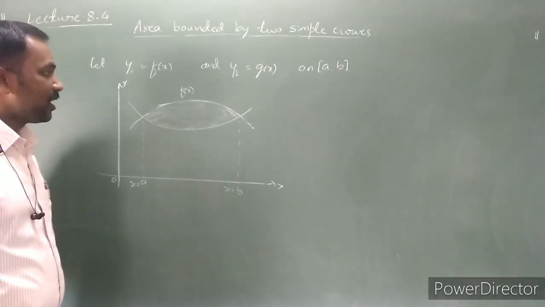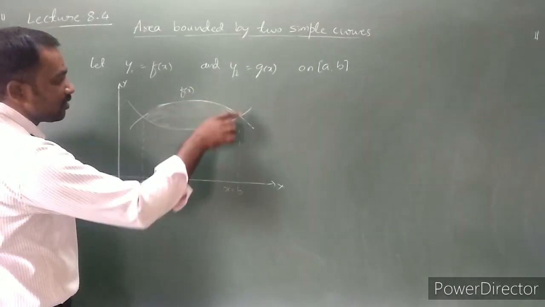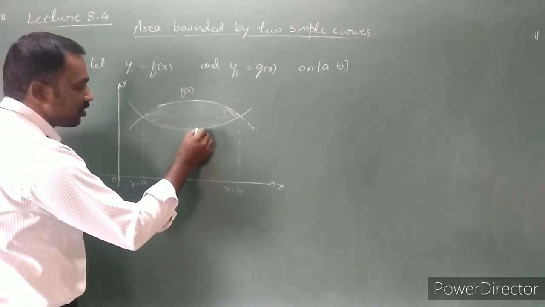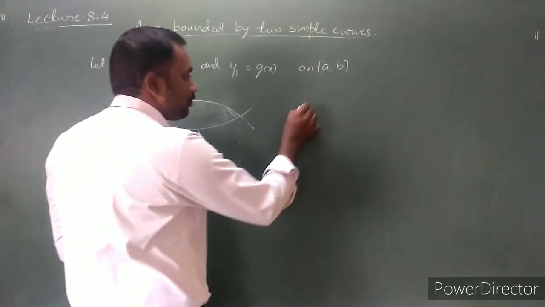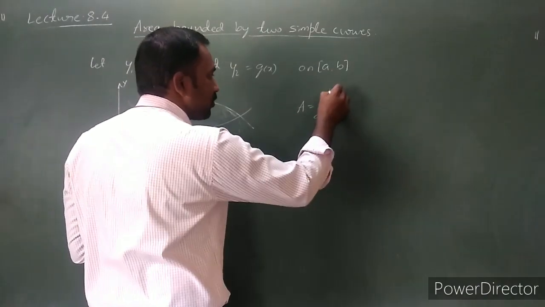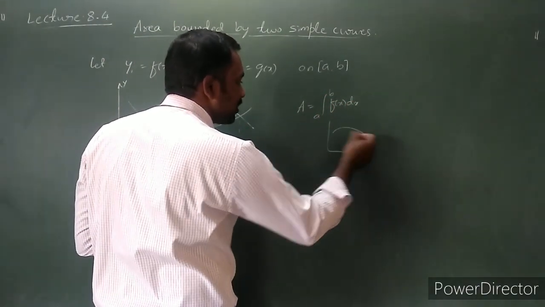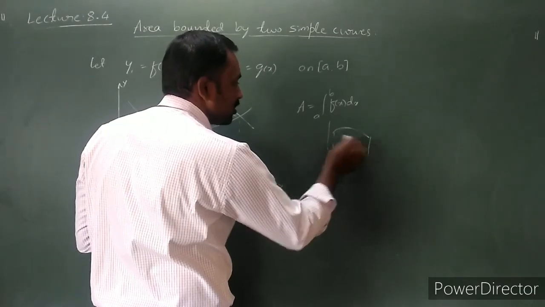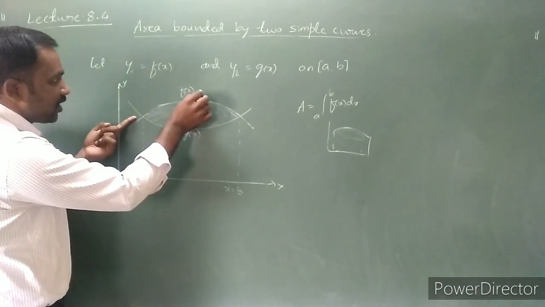How do we find the area bounded by these two curves? Obviously, this curve is f of x and this curve is g of x. According to our definition, the integral from a to b of f of x dx is nothing but the area under the curve, the whole area under the first curve y1.